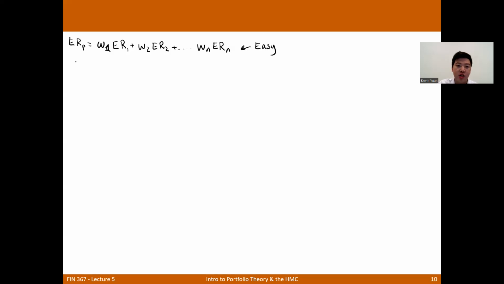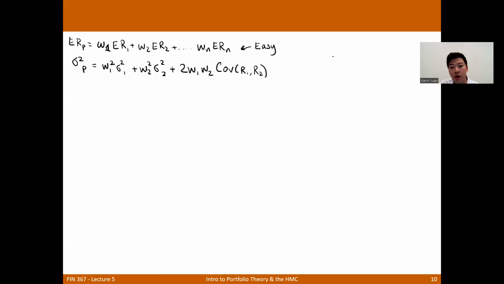And unfortunately, we also talked about in class that in the two stock portfolio situation, the variance equation is not so nice. It's weight 1 squared times sigma squared 1, plus weight 2 squared times sigma squared 2. Ideally, this would have ended here, but unfortunately, we also have this 2 times weight 1, weight 2, times the covariance between return 1 and return 2.